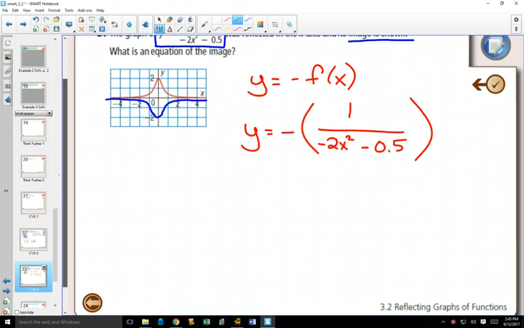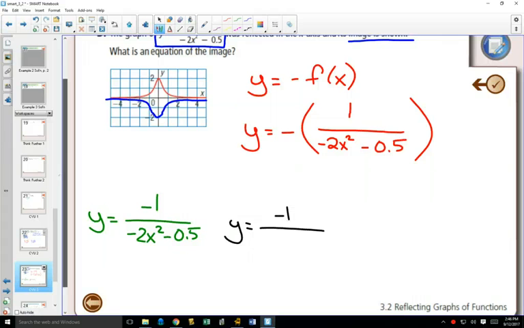Possibility number 1, I'm going to take that negative and multiply it into the top, and I'm going to get negative 1 over negative 2x squared minus 0.5. So I multiplied that negative just to the top. Option number 2, I'm going to take that negative and multiply it through everywhere.